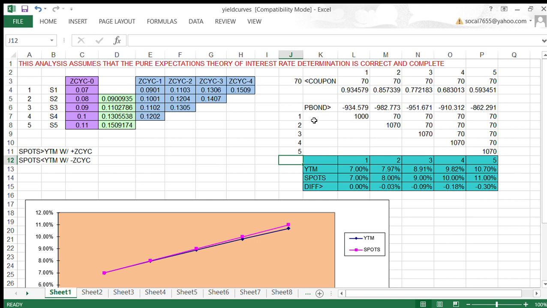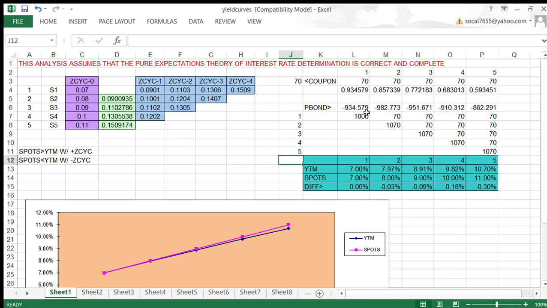So this one now pays 70 at date 1 and 1070 at date 2. So this price of $982.77 is saying that's equal to this 70, right? This 70 right here, discounted back at the 1-period spot rate, since that's a date 1 cash flow, plus the 1070 discounted back using the 2-period spot rate as the discount rate.